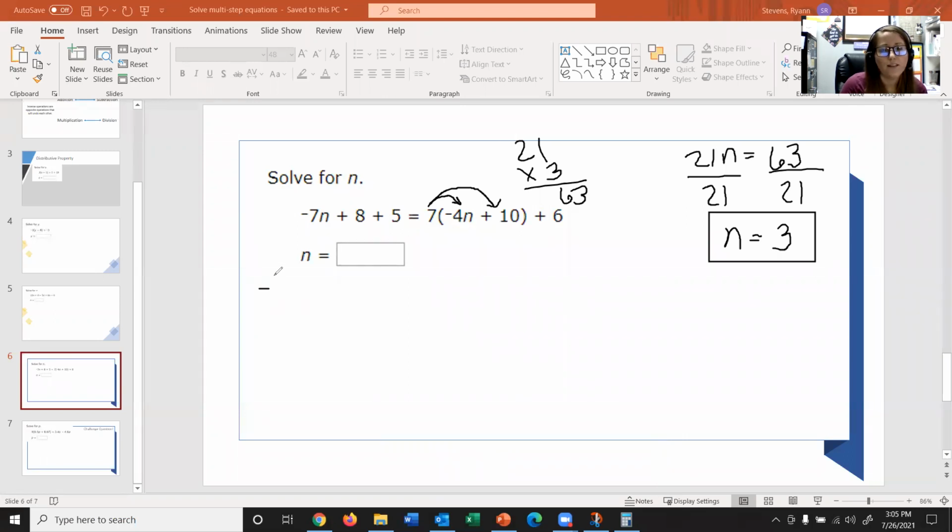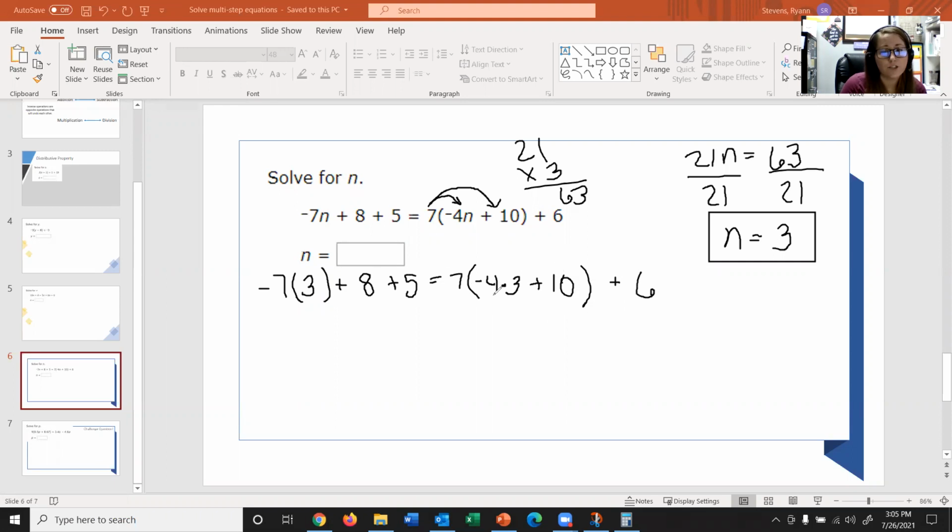So I'm going to plug this in, negative 7. I have an n, so I'm going to put this as 3. Then I have a positive 8, a positive 5 is equal to 7 times negative 4 times 3 plus 10, all in the parentheses, plus 6. So I want to do the parentheses first, okay?